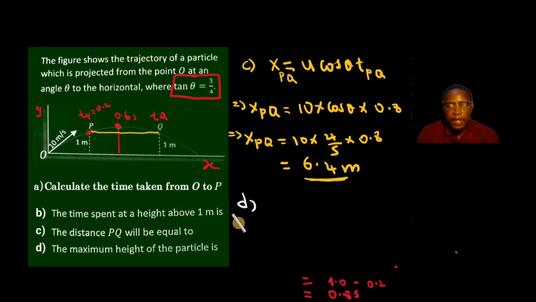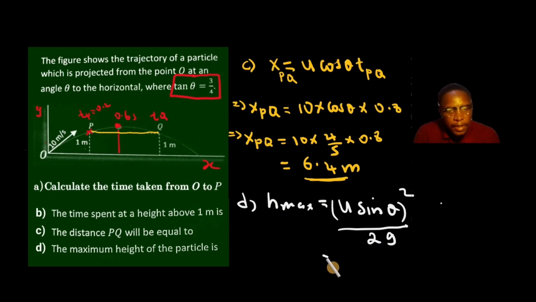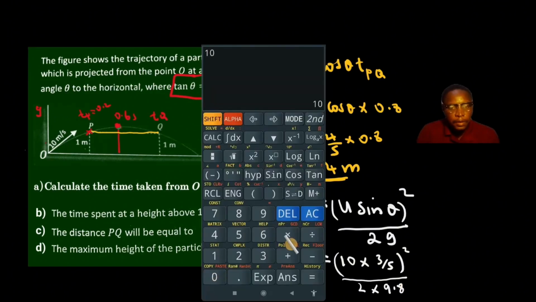For the D part, I need to calculate the maximum height of the particle. The maximum height is given by the formula (U sin theta) all squared, all over 2g. Here I'll have (10 times 3/5), which is the value of sin theta from the A part, all squared, all over 2 times 9.8, since I took g to be 9.8. 10 times 3/5 is 6.